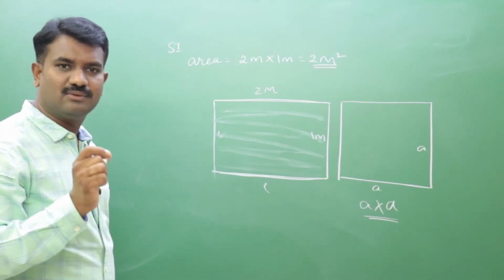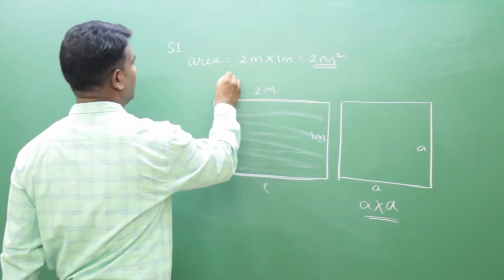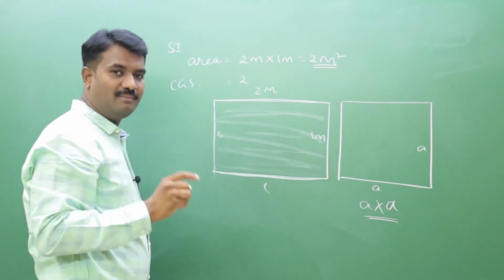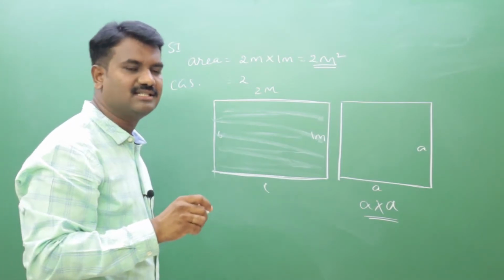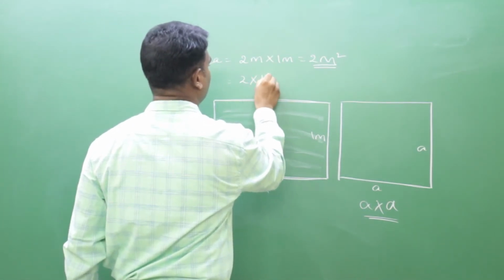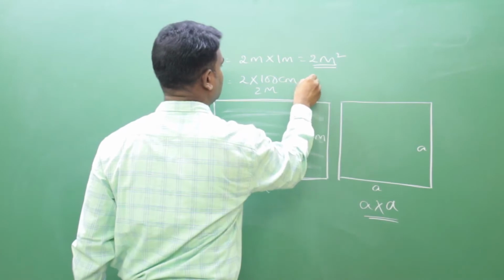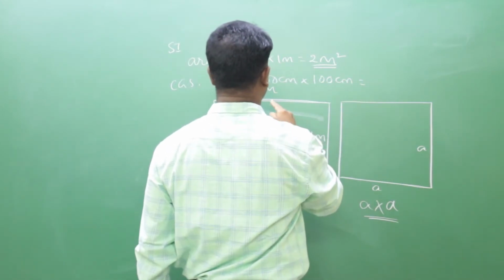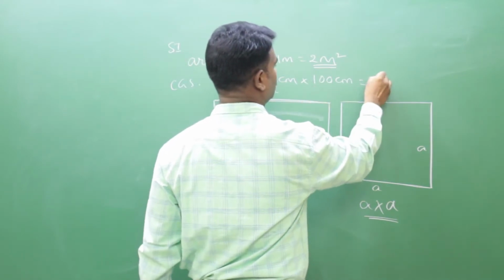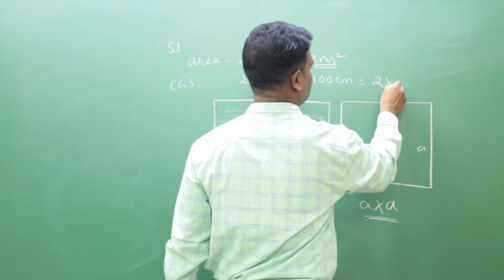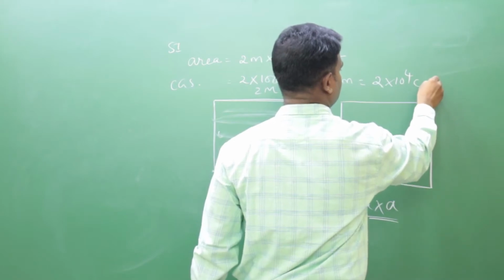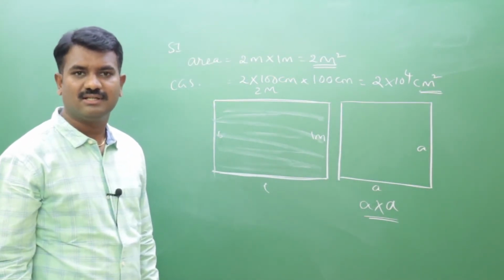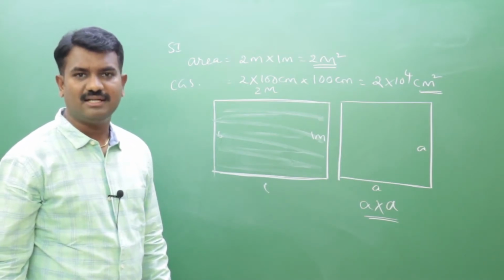How to convert this into CGS system? Area in CGS system is given by 2 meters, which means how many centimeters? 1 meter equals 100 centimeters, into 1 meter, which again is 100 centimeters. That is equal to 2 into 100 into 100, which is nothing but 2 into 10 to the power of 4 centimeter square. So 1 meter square equals how much? 10 to the power of 4 centimeter square.